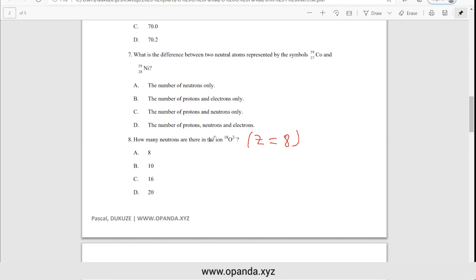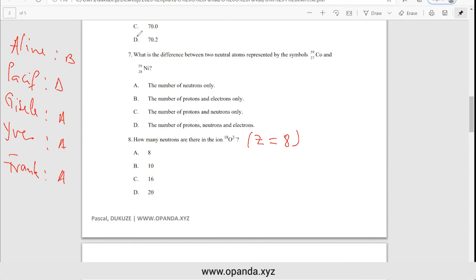How many neutrons are there in the ion? Here we have suggestions. Aline has suggested B. We also have Pacific, who suggested D. And we have Giselle, who suggested A. And Eve has suggested A. Frank has suggested A. So now we can calculate.